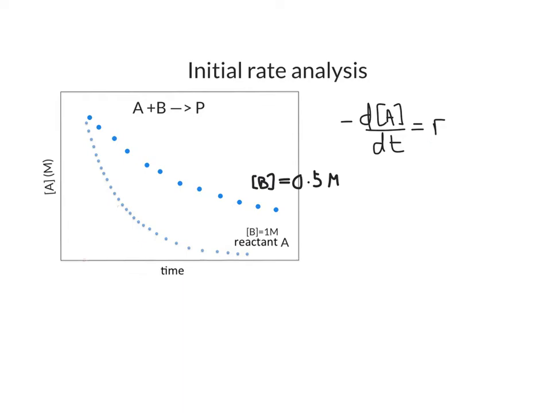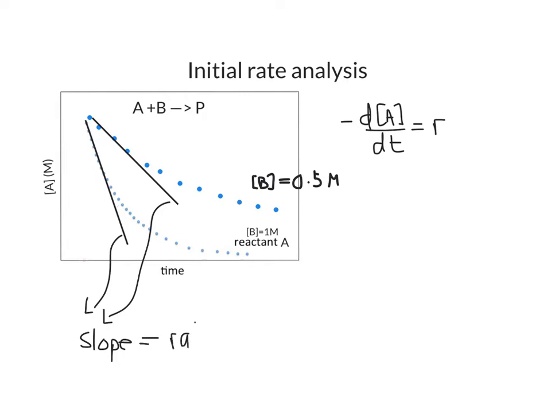Since the rate is the tangent to the curve, the derivative, we can draw a tangent to this curve and a tangent to this curve, and we'll do that at the initial time. So we're finding the instantaneous rate at time t equals 0. So the slope of these curves, if we determine the slopes, will be equal to the rate at time t equals 0.